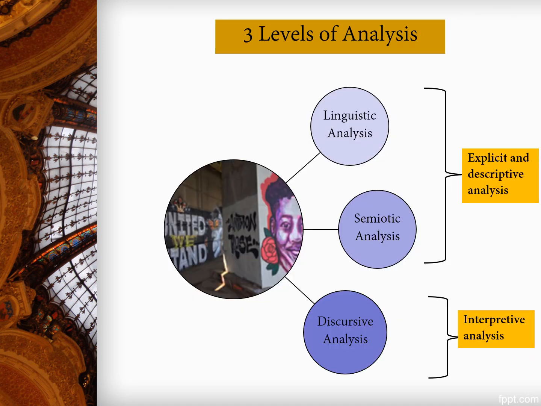So, as you can see from the research question itself, we have three levels of analysis that we're going to address. There is what I would call a linguistic analysis, a semiotic analysis, and a discursive analysis.